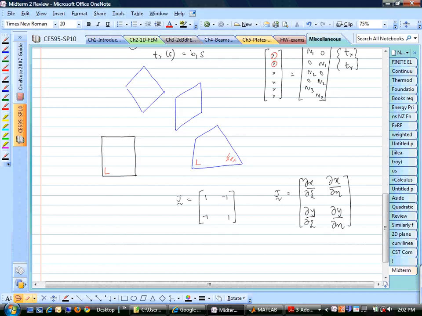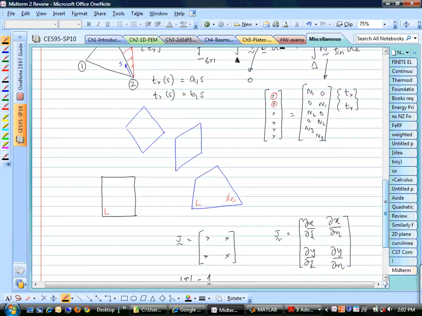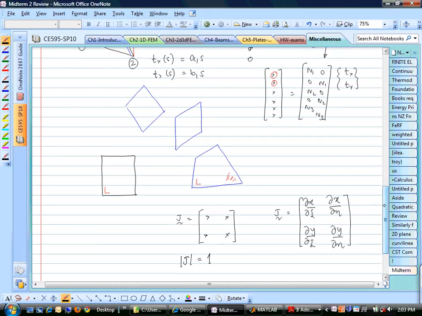When you take the determinant of that, the determinant of that Jacobian will turn out to be 1. These sorts of physical interpretations or physical meaning of these terms you should make sure you understand, so that it will help you in making judgments and in expecting what the final answer should be.